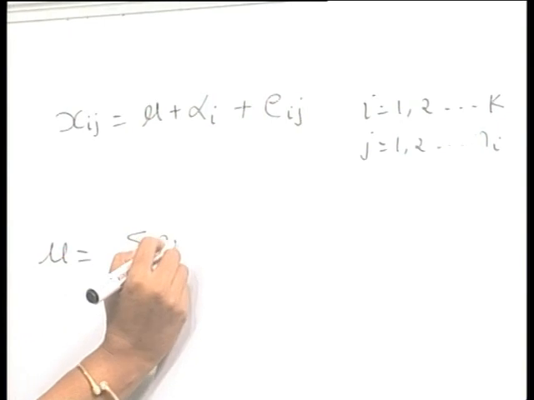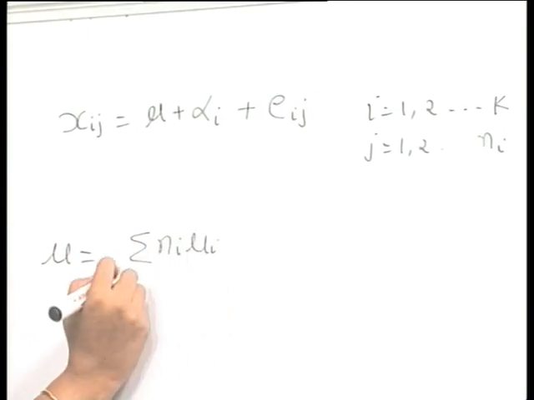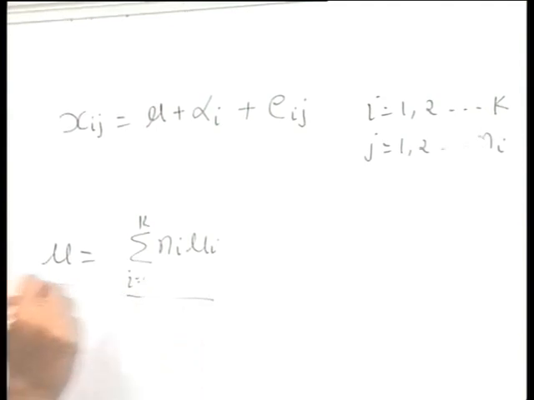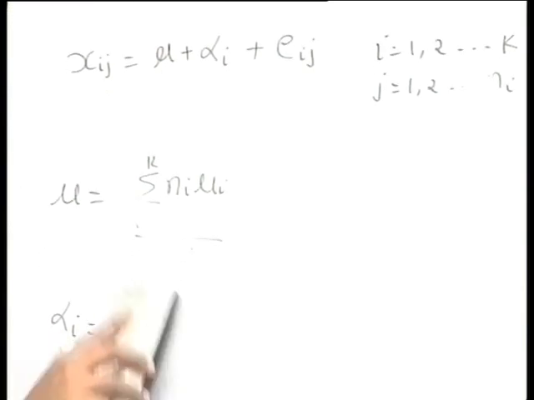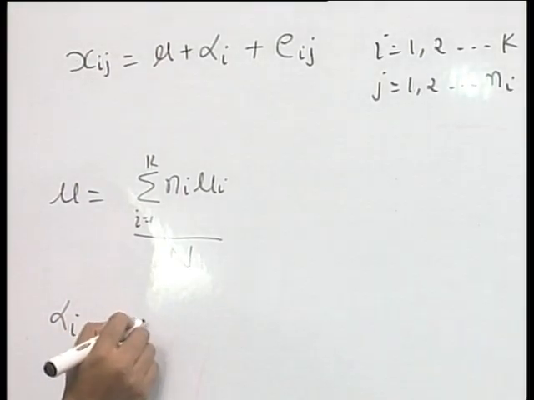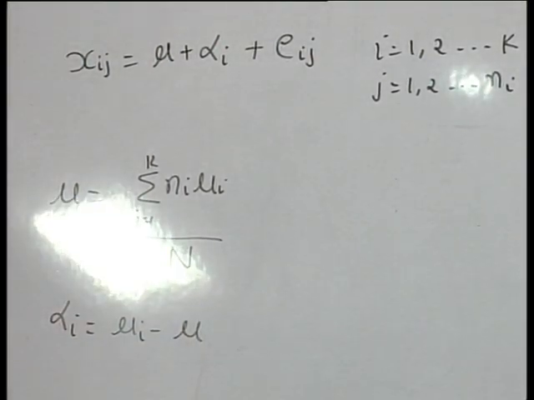summation ni mu i, i ranging from 1 to k, divided by capital N. This is mu. Alpha i is equal to mu i minus mu.